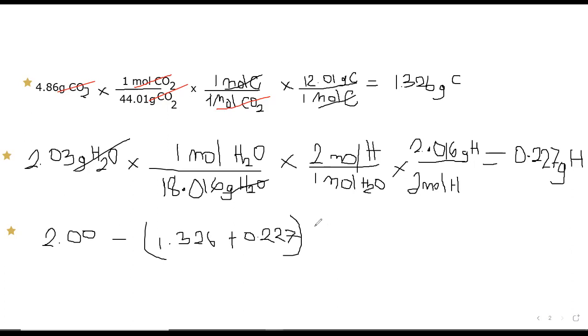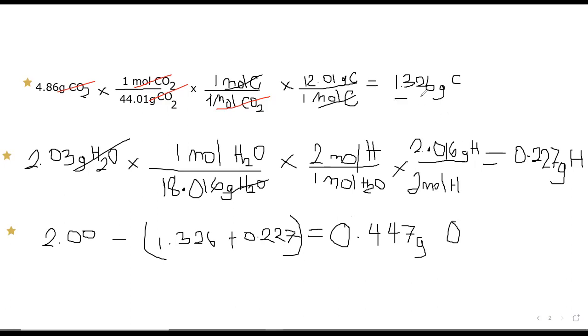Then the answer here. If you just type it in the way it is appearing, 2 minus 1.326 plus 0.007 close bracket, we are going to get 0.447 grams of oxygen.